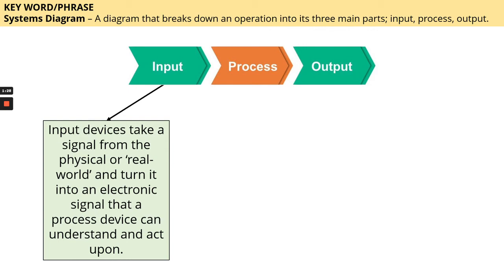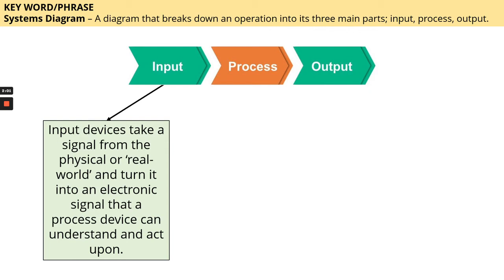So an input device takes a signal from the physical or real world and turns it into an electronic signal that a process device can understand and act upon. What that means is that the physical or real world input could be someone pressing their finger against a light switch. It could be the sunlight getting brighter in the day.